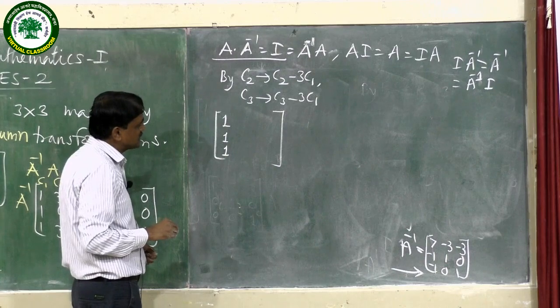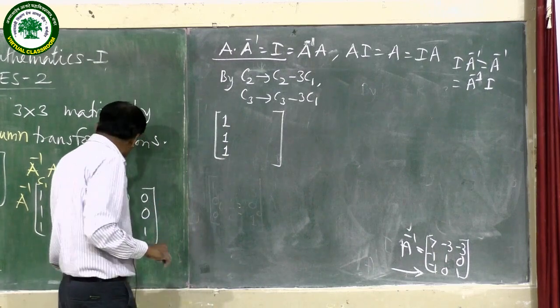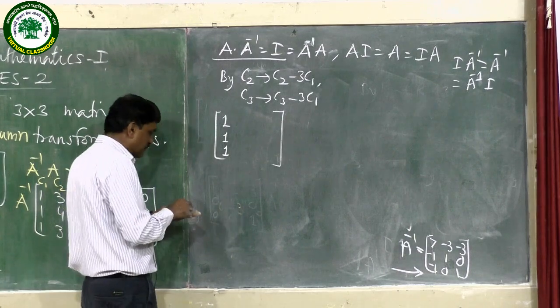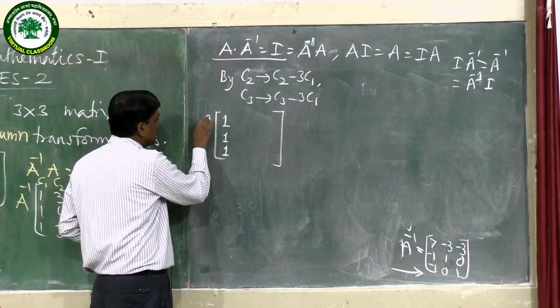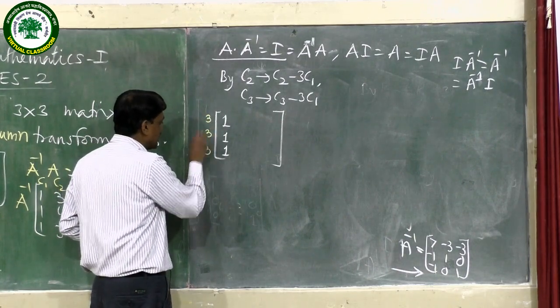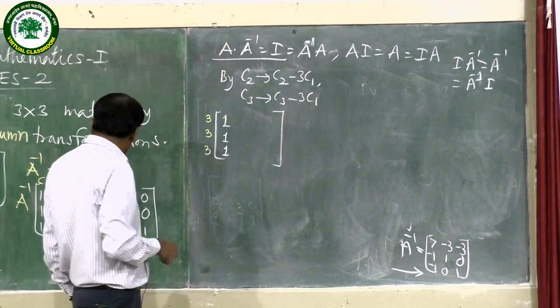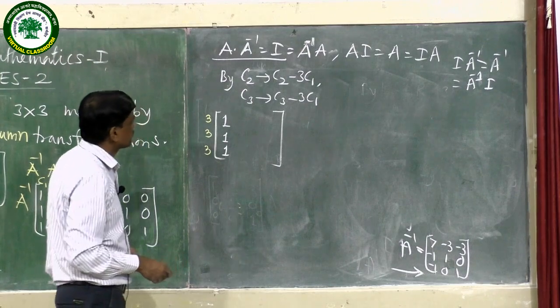First column as it is, there is no change in the first column. So what is the second column here? 3 4 3. If we multiply the first column by 3, we get 3 3 3 and subtract it from the second column. The second column is 3 4 3.